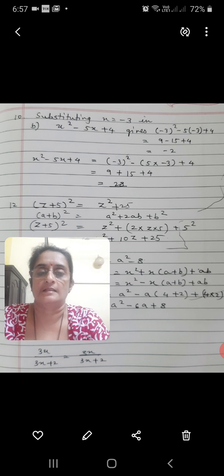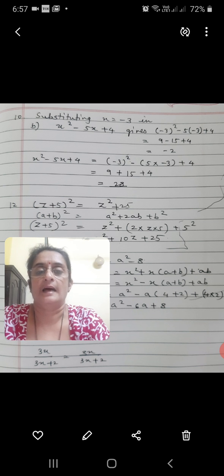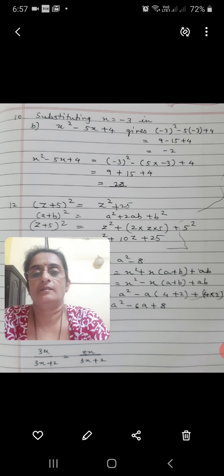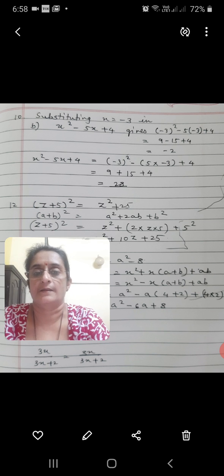But when we replace x with minus 3, we get minus 3 square, which is 9, and minus 5 into minus 3, which should be plus 15. They have given minus 15, so their answer, minus 2, is wrong. We have to write plus 15. That gives us 28 as the correct answer.